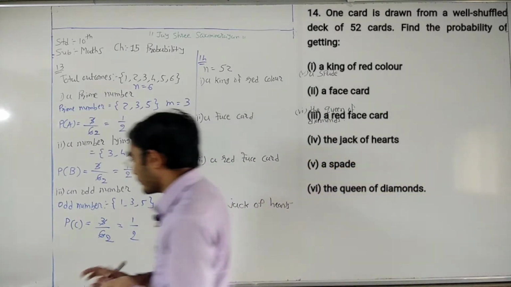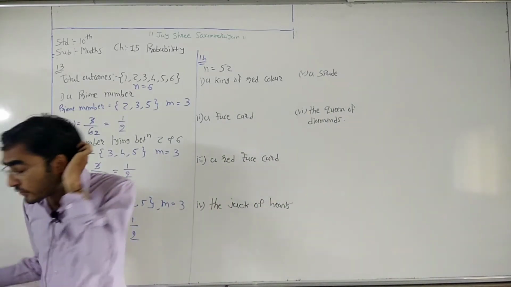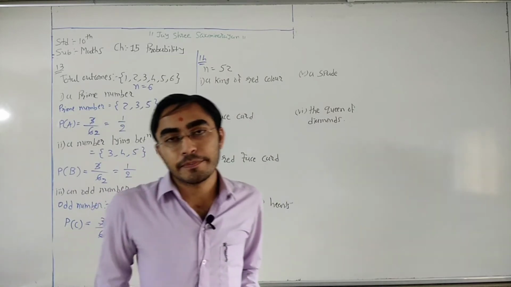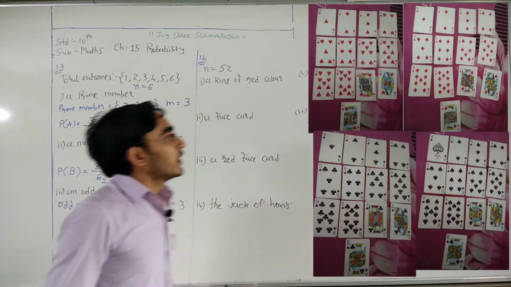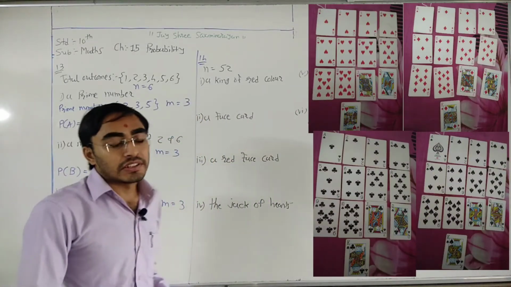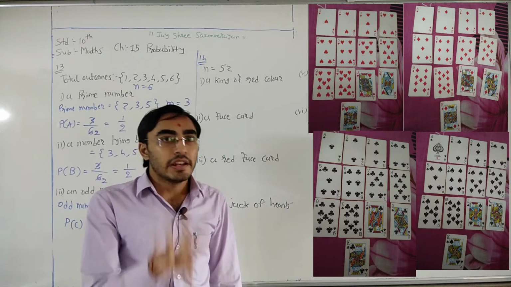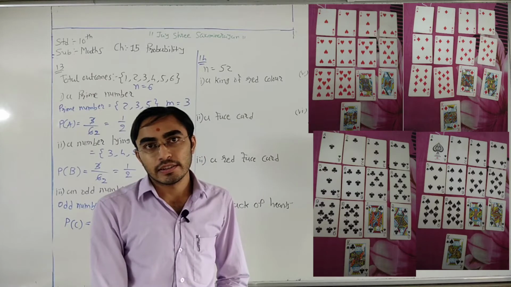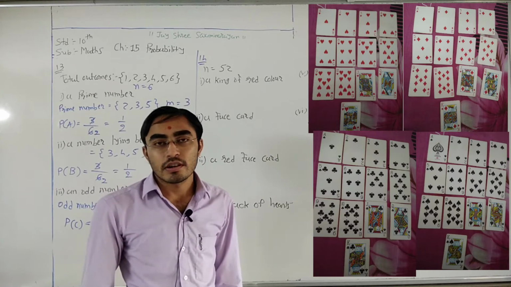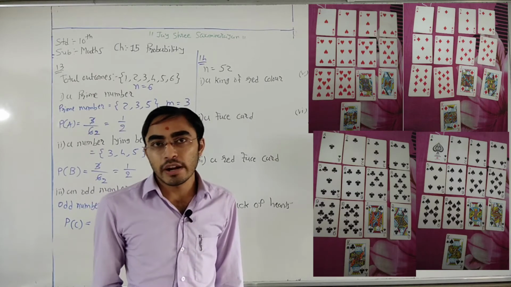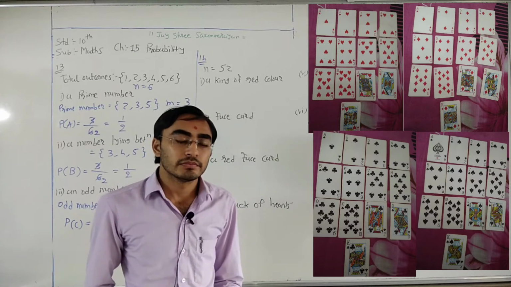First of all, we just need to get the knowledge about 52 playing cards. Okay, so total 52 cards are there. In that, four patterns are there: diamond, heart, spade and club.